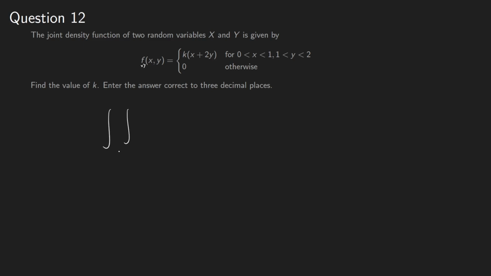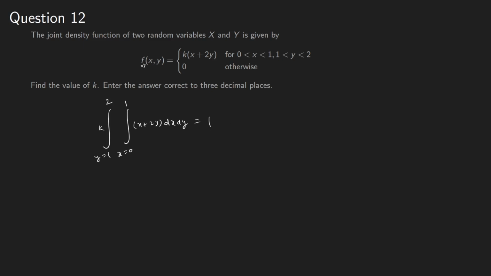First we will integrate it with respect to x over the full range of x. k we can take outside, k times (x plus 2y). We are first integrating with respect to x, then with respect to y, so y goes from 1 to 2, dx dy, and this would be equal to 1. In this way we will be able to find the value of k.